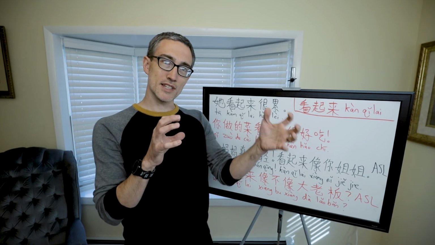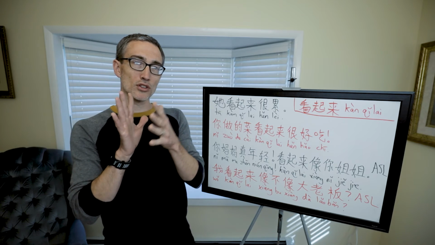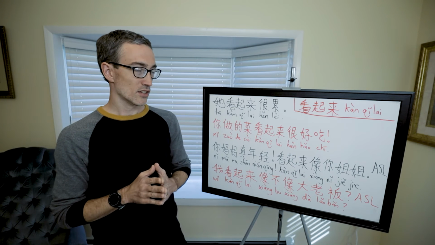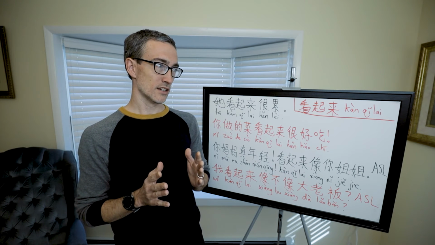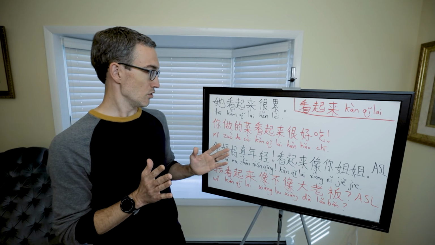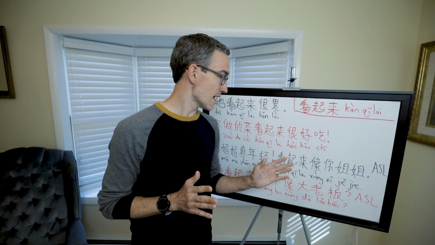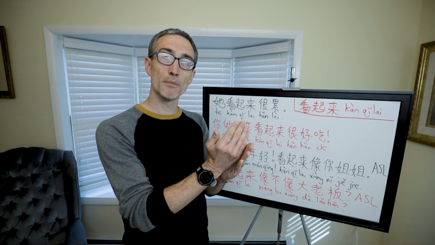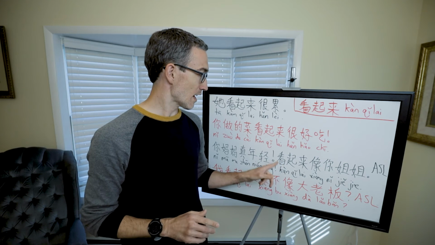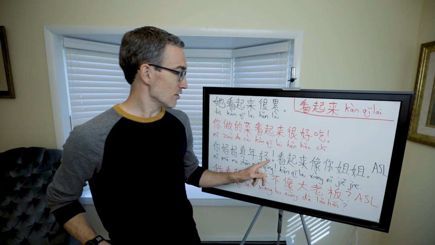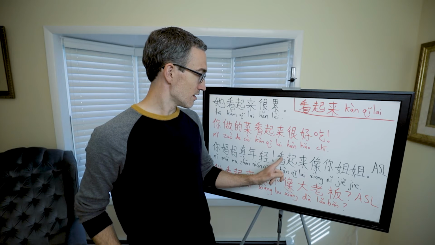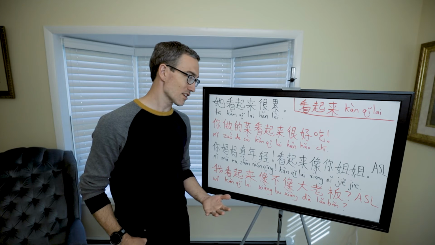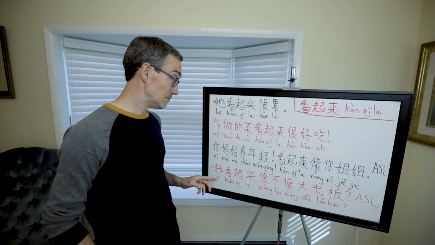But when you want to say that something looks like something, a noun, like my dog looks like an elephant, then it's not just 看起来, it's 看起来像. 像 means to resemble. So 看起来像你姐姐. Your mother looks like your older sister. Your mom's so young, she looks like your older sister.